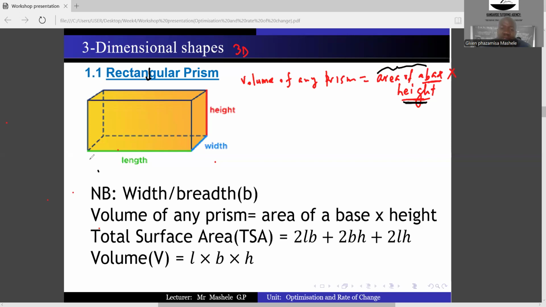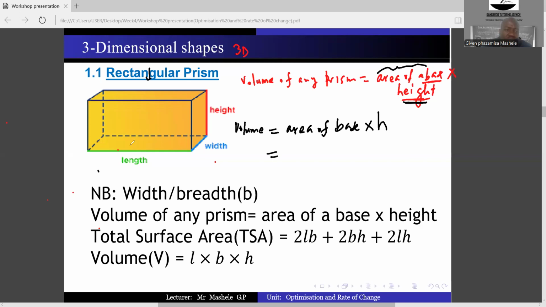To determine the volume of any prism, we take the area of a base and multiply by the height.